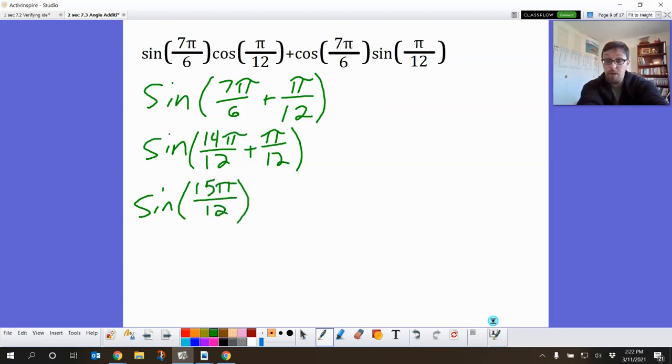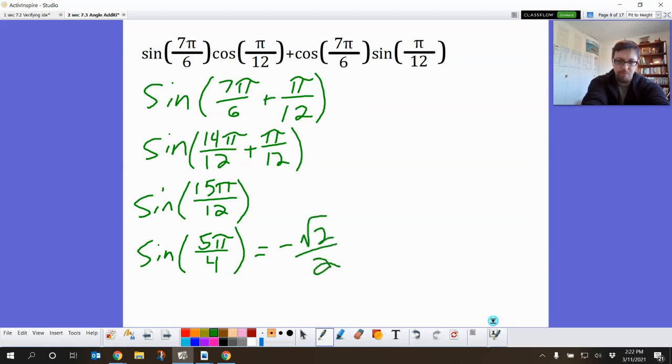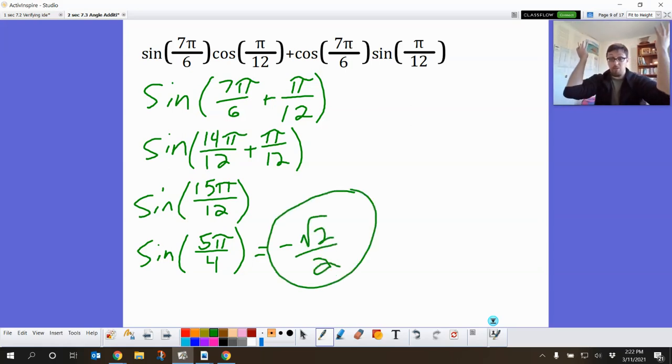Ooh, 15 pi over 12, we can simplify that fraction. So that's the sine of 5 pi over 4 if I divide top and bottom by 3. Ooh, the sine of 5 pi over 4, that's easy. It's in quadrant 3, so it's negative. Reference angle pi over 4, so I'm going to do negative square root of 2 over 2. Woohoo! Done!